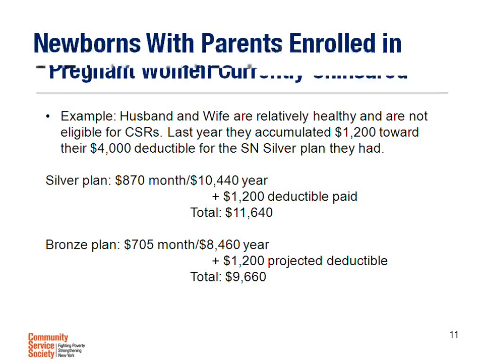That's who we're focusing on here, because if they're at 400% or below, their children are going to be enrolled into Child Health Plus, not into the QHP. But it's important that parents who are enrolled in the marketplace can enroll their children into their QHP within 60 days of birth. And if they're enrolled within those 60 days, the coverage is retroactive to birth.